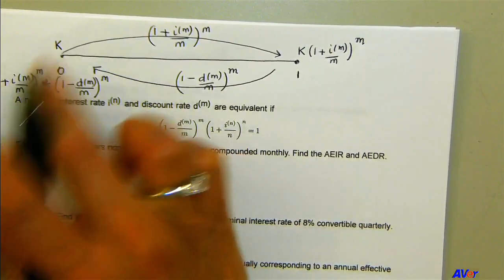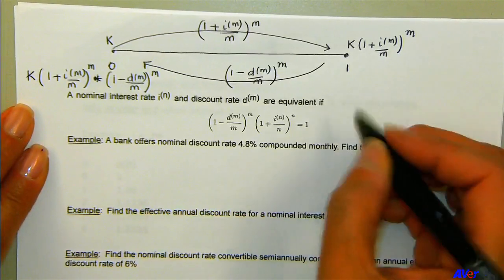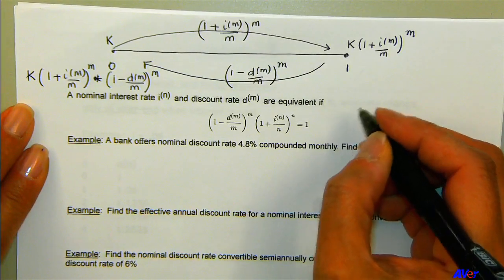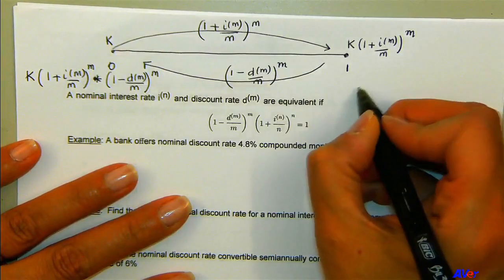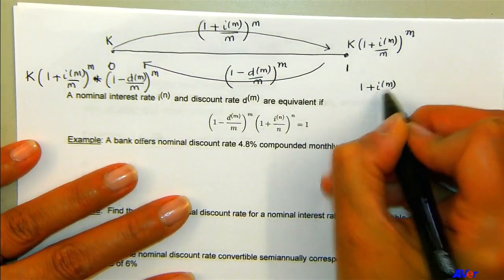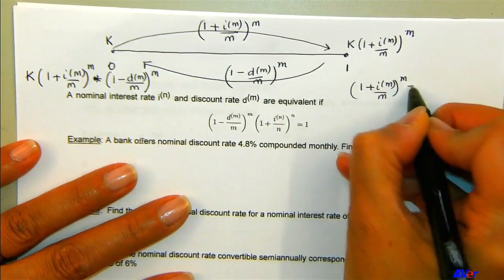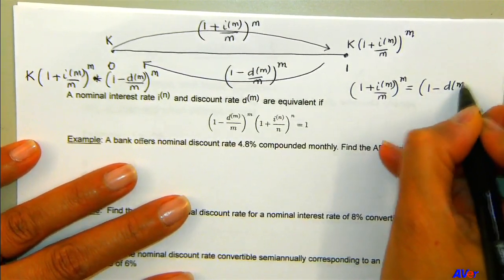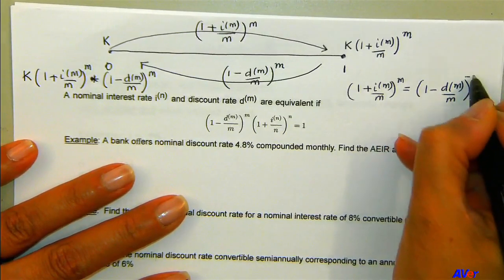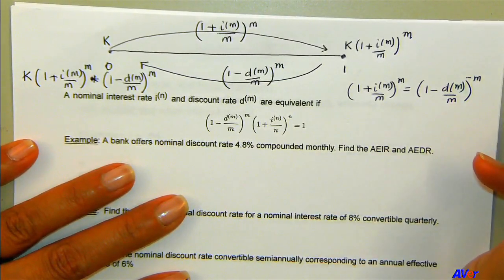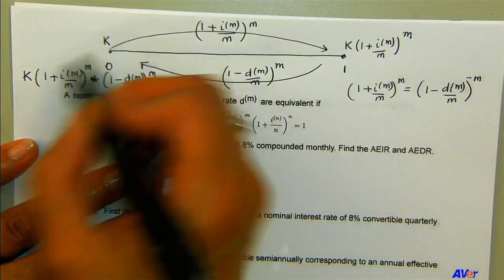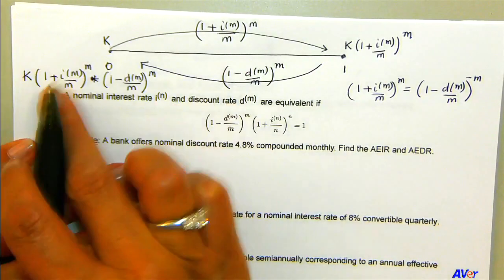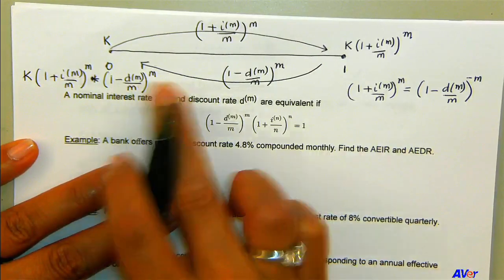Again, we set these two equal, just like we did for the i^(m) over m function. You get 1 plus i^(m) over m to the m equals 1 minus d^(m) over m to the minus m. Set these two equal, the k's will cancel, and you would get this equals 1.